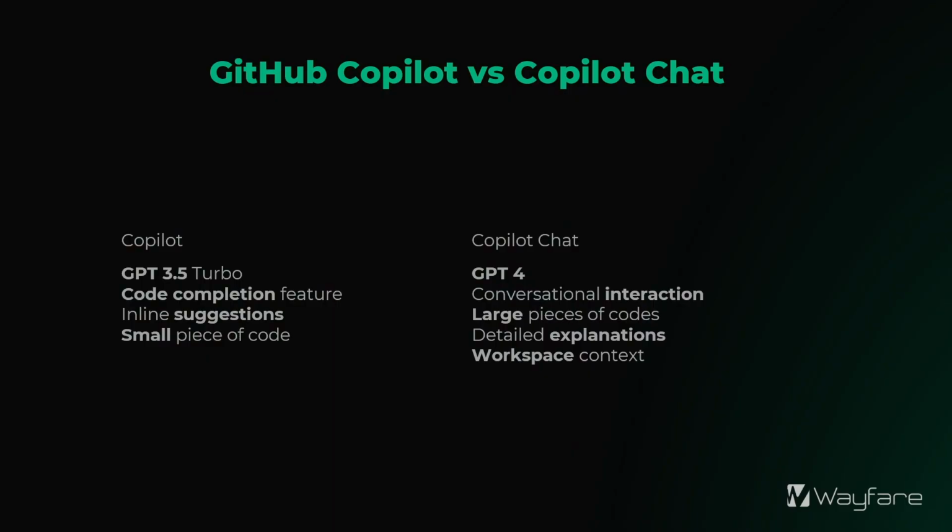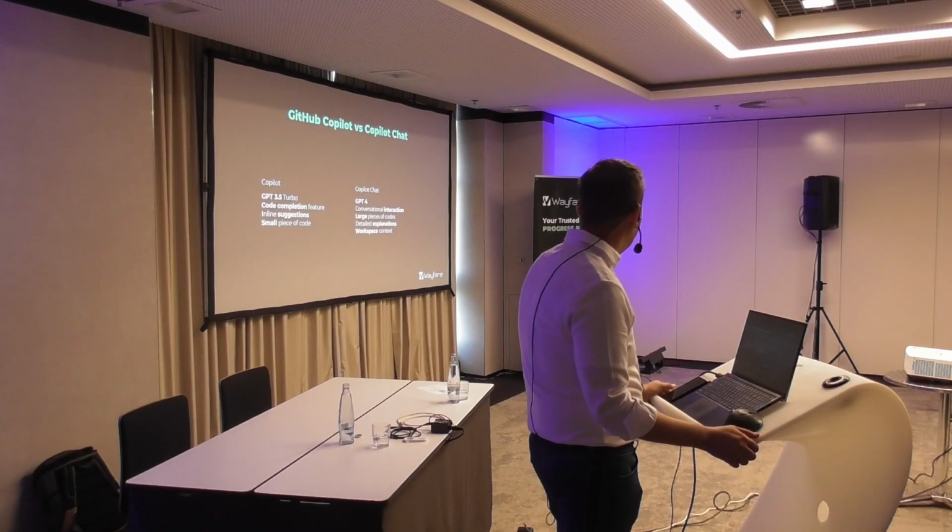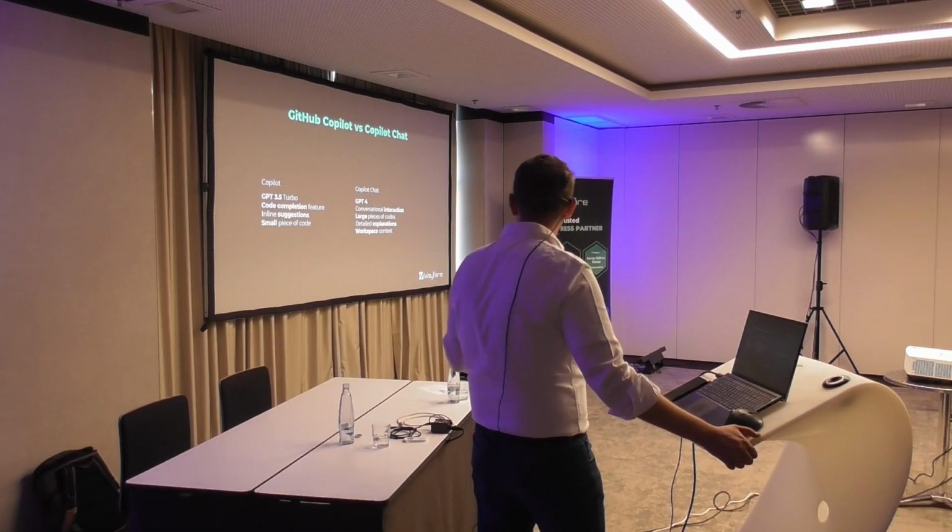We initially started with inline, with a part from the left that's based on GPT 3.5. That has code completion, suggestions, and can give us small pieces of code. It didn't take us a day to notice the hallucination level was sky high.